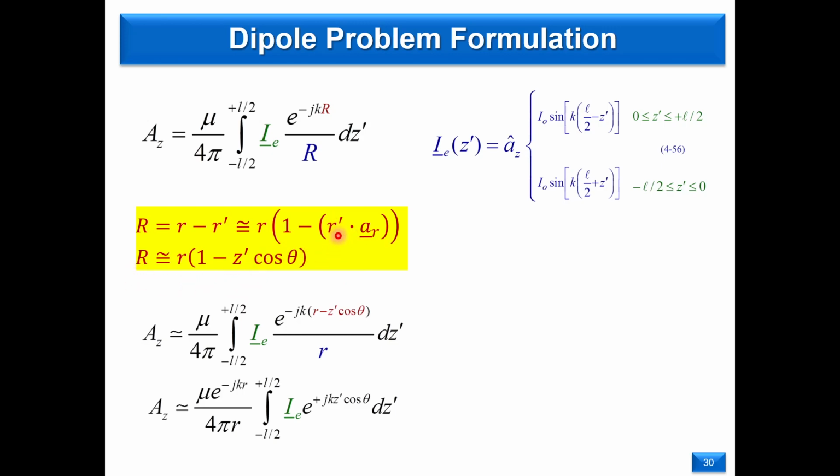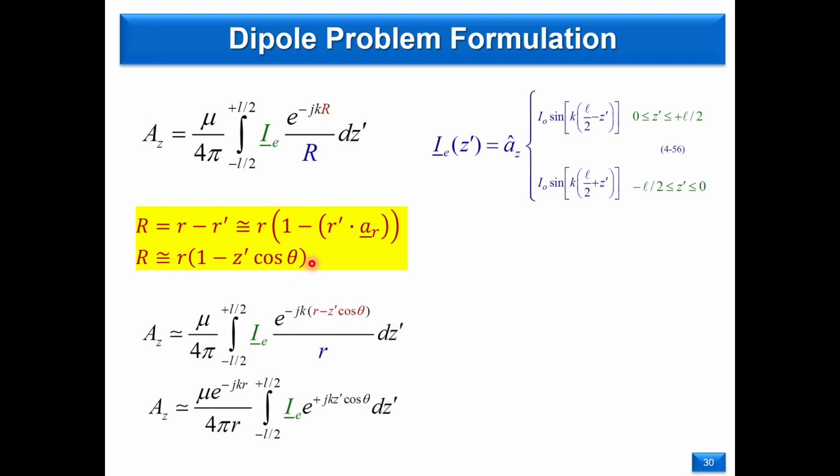And when we put r, which is the position vector of the observation point, and r prime is the position vector of the source, a_r is the unit vector along the direction of the observation point, which is an arbitrary point in the spherical coordinate system. Just doing this, we'll find the expression for the approximation of R in the phase term.